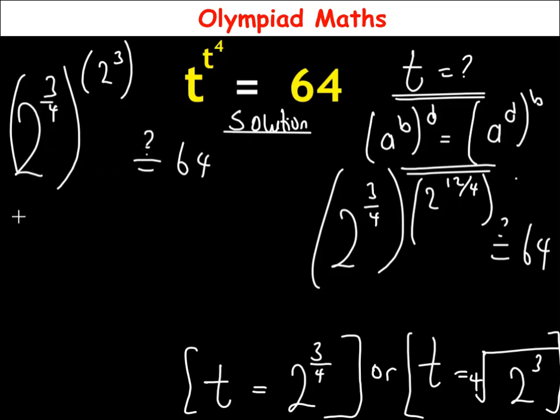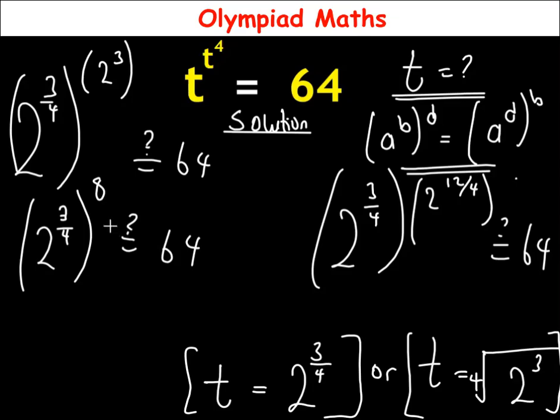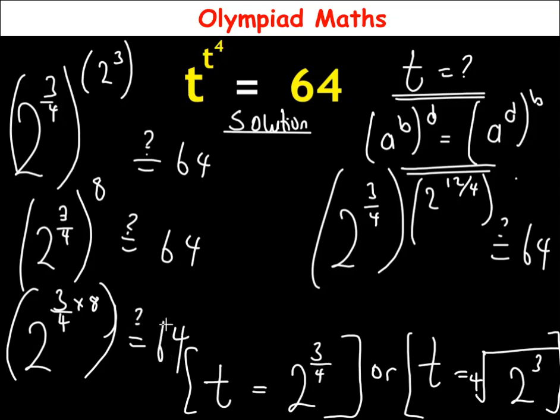Let's confirm. So we have 2 raised to power 3 over 4, all raised to power. Now, 2 raised to power 3 is 2 in 3 places, which is equal to 8. Will this be equal to 64? At this junction, 3 over 4 multiplied by 8. So you're going to have in brackets 2 to the power of 3 over 4 times 8, right?